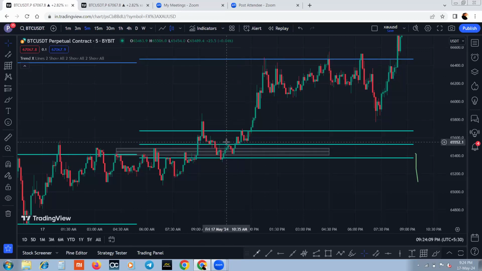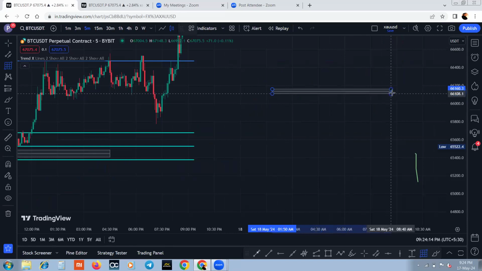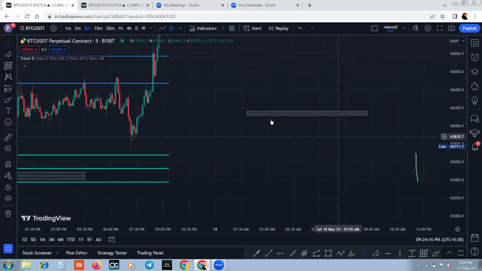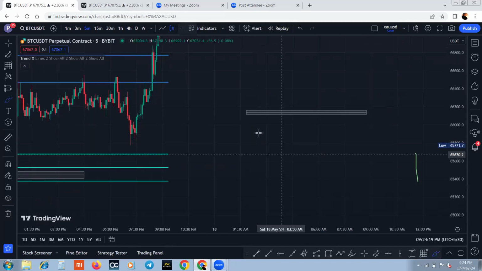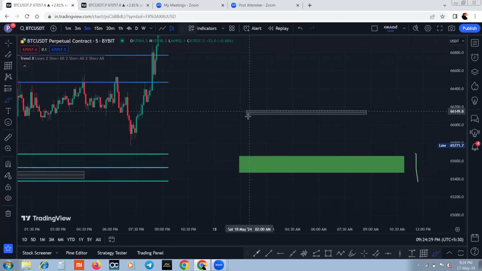Sometimes it will be super narrow. In this way you see the daily. This is the daily and this is the weekly. Okay, this is the weekly. So we should look long, correct, absolutely we should look long.